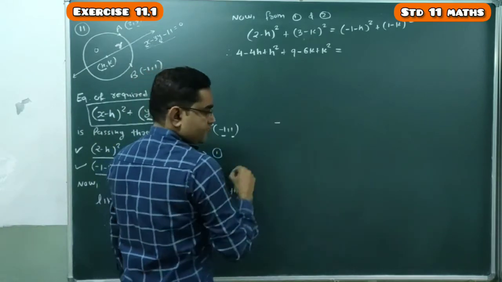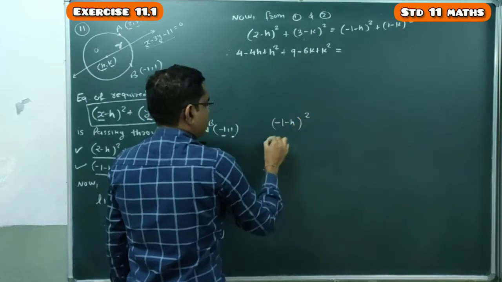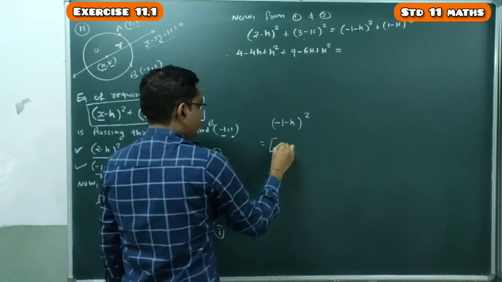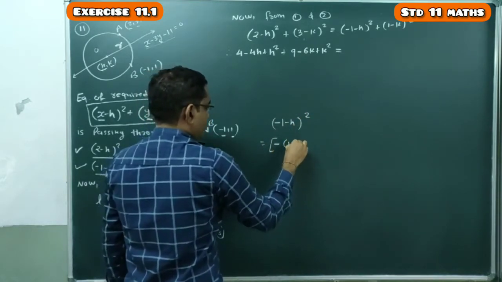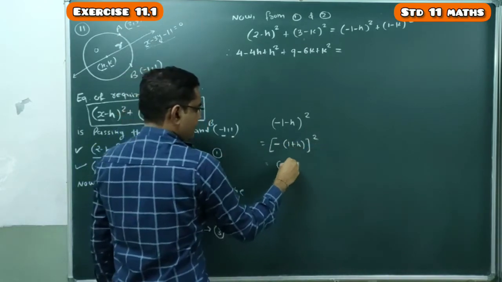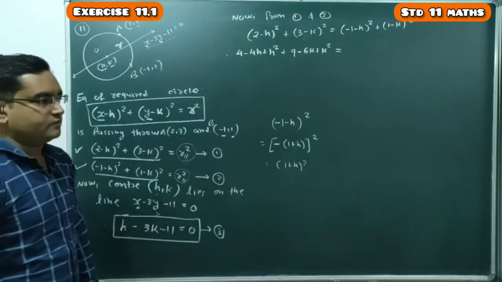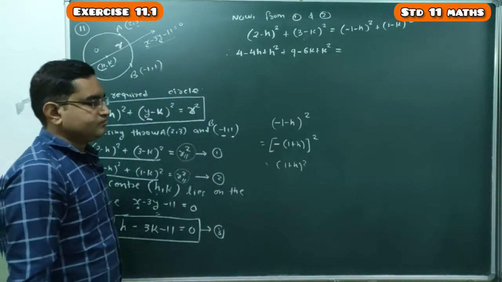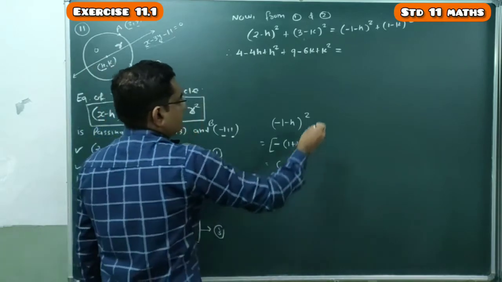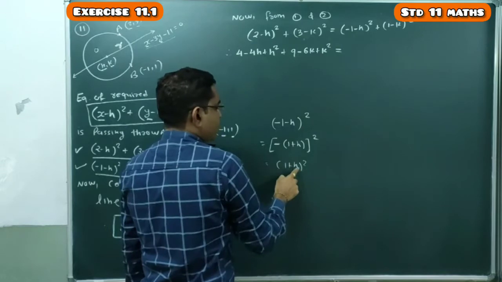Can we take minus common? Taking minus common, it will be (1 plus h) whole square. Now the square of minus will be plus, so it can be written as (1 plus h) whole square.